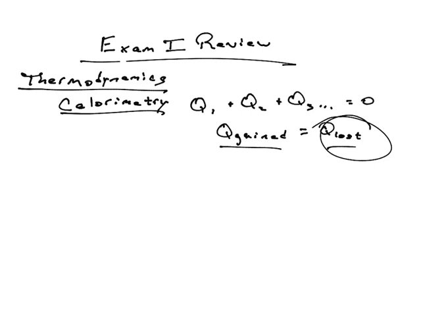These things have lost energy because their final temperature is lower than their initial temperature, and we'll see when we do the equation where a negative sign comes into play for that. But you have to change the negative sign when you put it on the other side of this equation, and so it's kind of hidden in the delta T term. That delta T is actually initial minus final rather than the standard final minus initial.